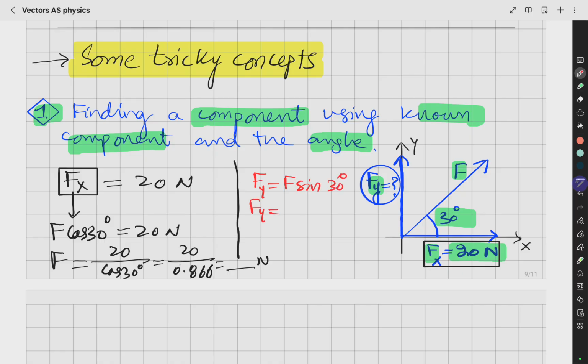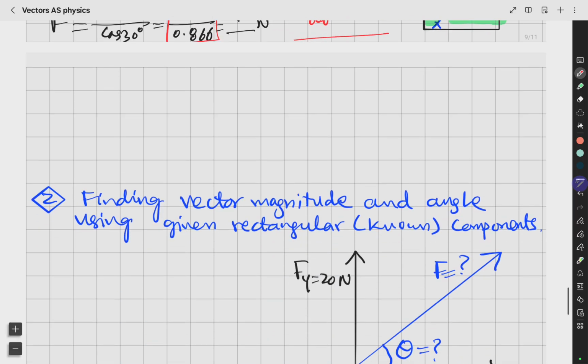So f is this one, which you have already determined. Again, I am not using the calculator, so I'll just write this fractional value, and sine 30 is 0.5. So that's how you will get your value. It's 10 over 0.866, right? So you just solve it to get your value.